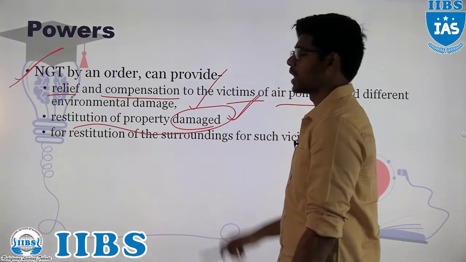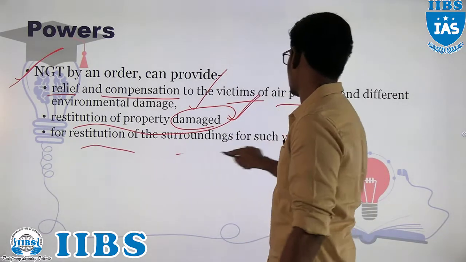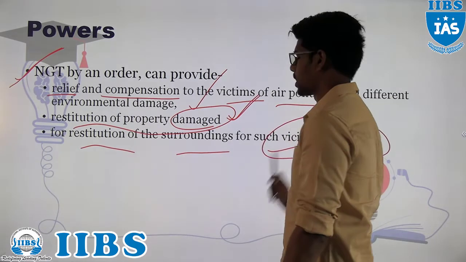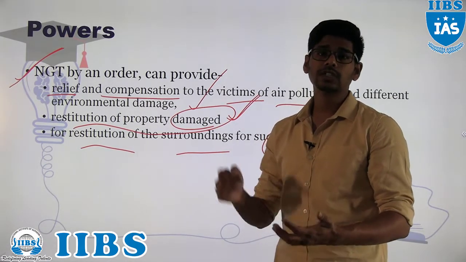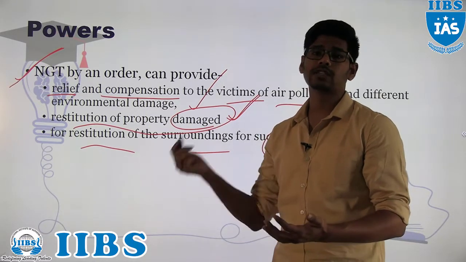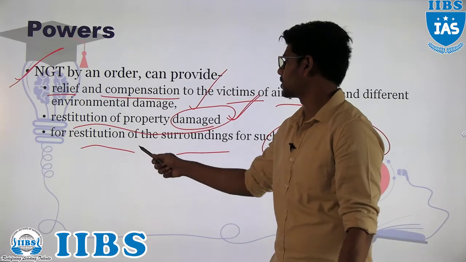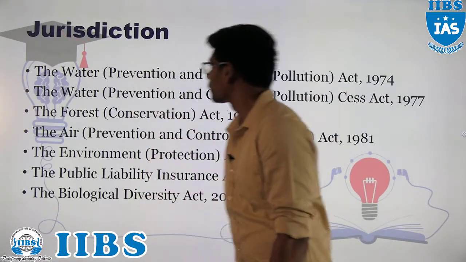If the property is damaged, it may ask for restitution, and restitution of the surroundings of such vicinity or the damaged areas. So the person who damaged has to reconstruct it and compensate for it, right. This is how the National Green Tribunal works.